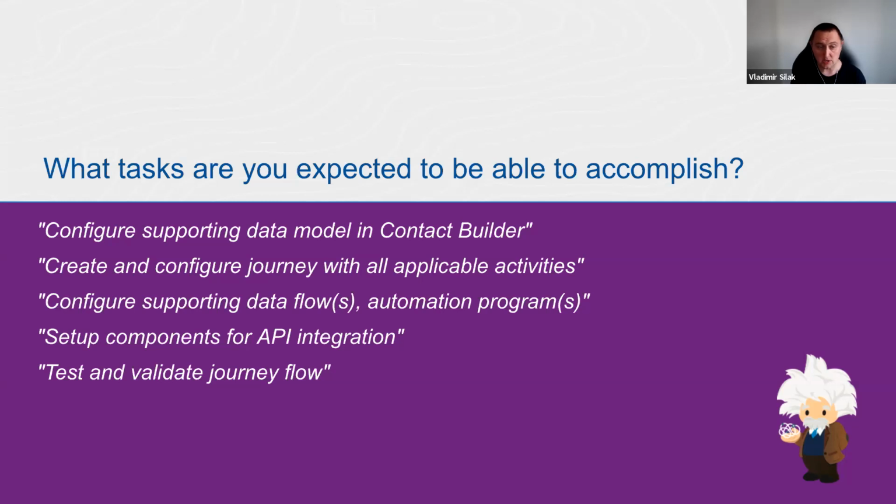Part of the configuration is obviously configuring the actual activities, so things like sending a communication, making a decision, maybe doing an A/B test and so forth. You've got a variety of actions available to you, and then supporting data flows and automation programs. If we need data, we spoke about that in the first part of this experience, when we talked about integrating the data in. We will talk a bit more about that in the next session as well.